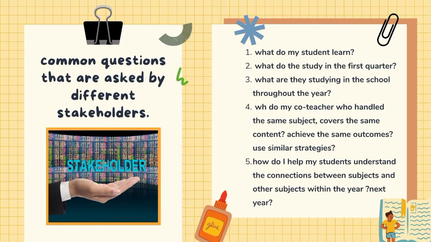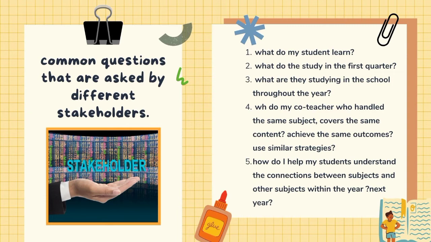Curricularists would describe curriculum mapping as making a map to success. There are common questions that are asked by different stakeholders like teachers, colleagues, parents, school officials, and the community as well. These questions may include: what do my students learn? What do they study in the first quarter? What are they studying in the schools throughout the year?